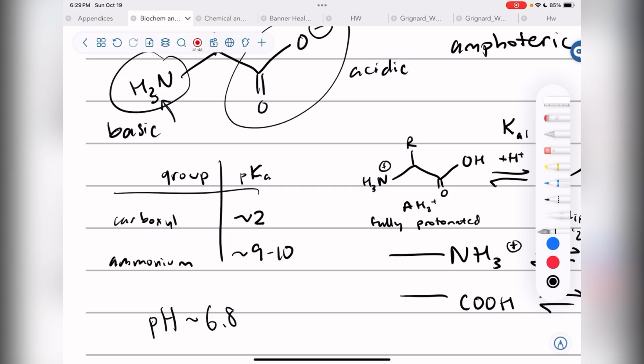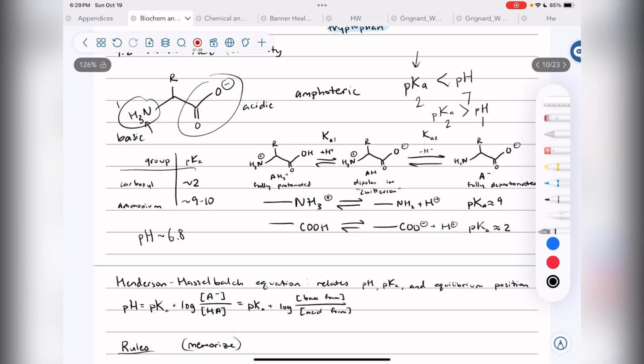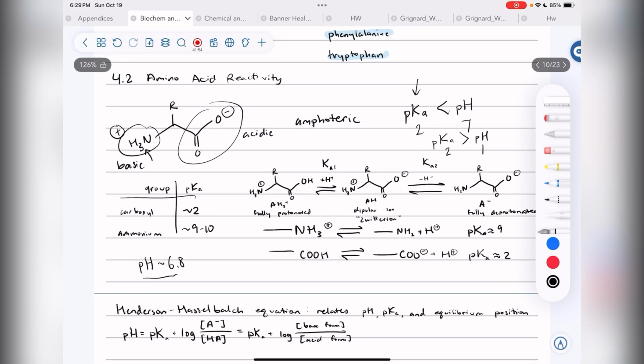Normally it looks like this, and there is that positive charge on there. So at your physiological pH, this is what your amino acid looks like. The carboxylic acid part is too acidic, and so it's going to lose that hydrogen. But for this one, the pKa is a lot higher than the pH, and so the hydrogen is going to stay stuck on there, and so it's going to have the positive charge.